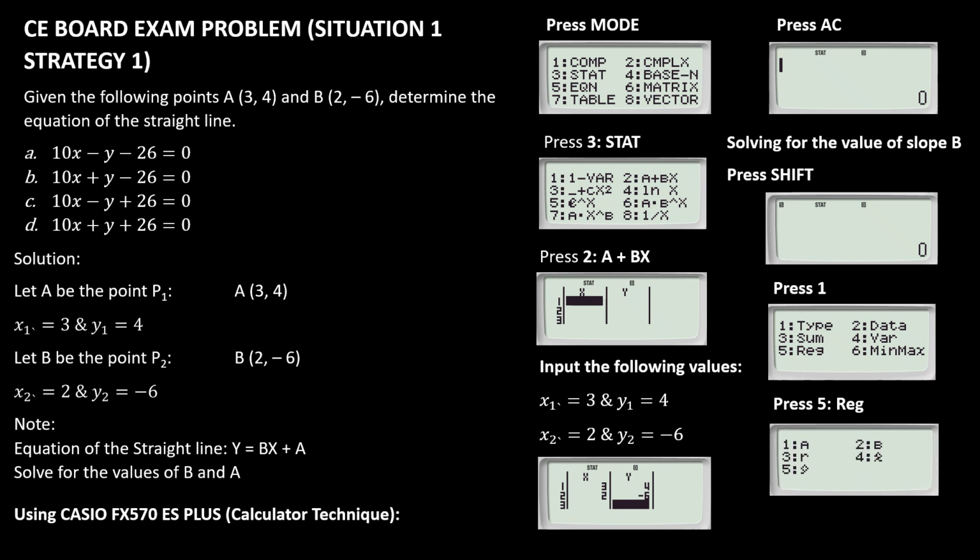Since we are solving for the value of the slope b, we have to press 2. After pressing 2, the calculator will show this to us. And then for the next step, we have to press the equal symbol so that we can now solve for the value of b. Finally, we now have the result of slope b, and that is equal to 10, or b is equal to 10.